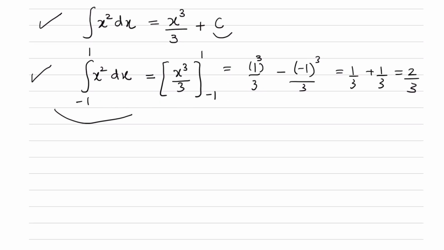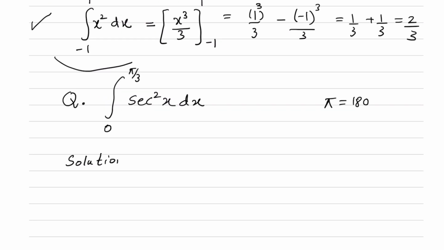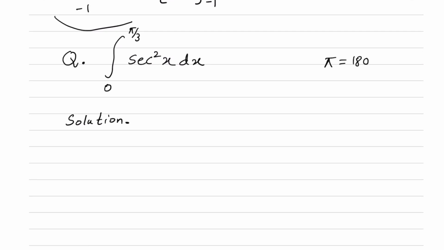Let's solve another problem. We have to solve an integral secant square x dx from 0 to pi by 3. Pi is taken as 180. Now first we will solve this integral without the limits. Secant square x dx is actually a formula which is tan x. We have solved the integral. Now we will put in the limits 0 to pi by 3.